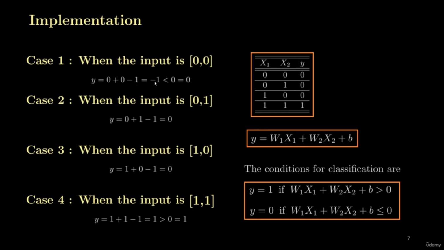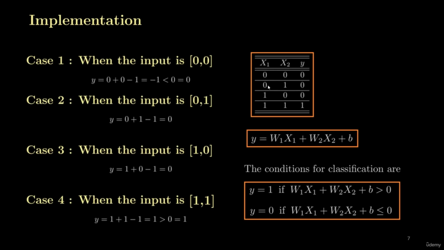Since -1 is less than 0, according to the classification condition, we get 0. It means that our perceptron has classified the first sample correctly. That is, when both inputs are 0, it gives a 0 label.